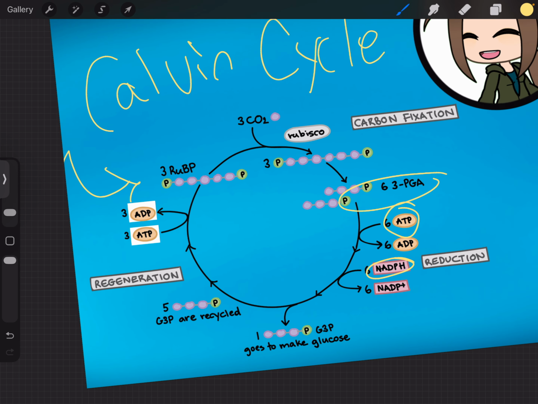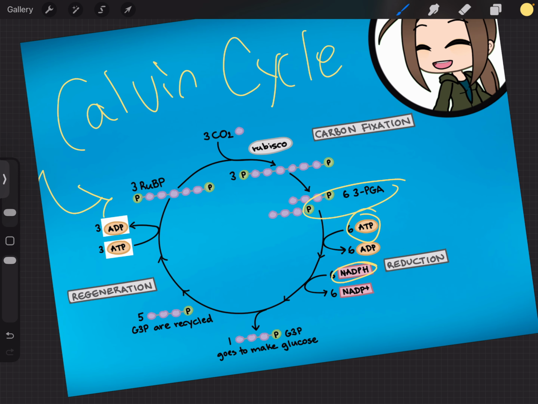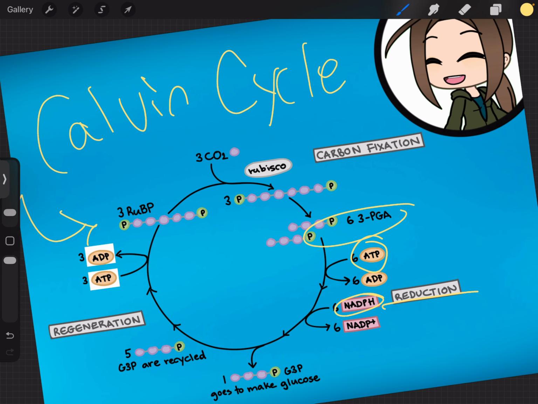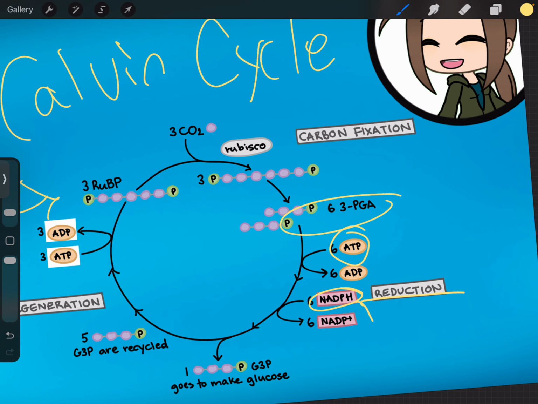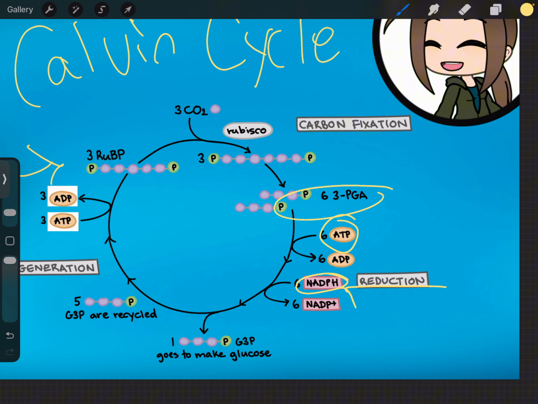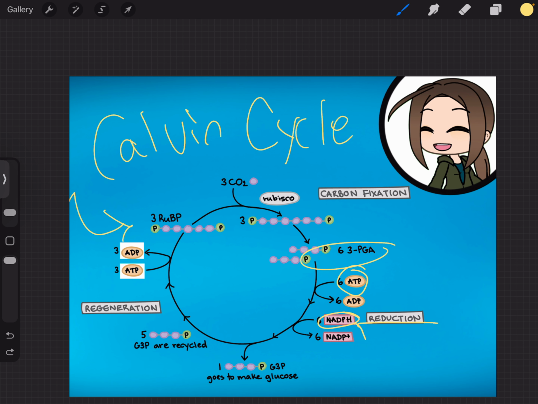The reason why this phase is called reduction is because the NADPH donates its electrons to, or reduces, a 3-carbon intermediate to make G3P.